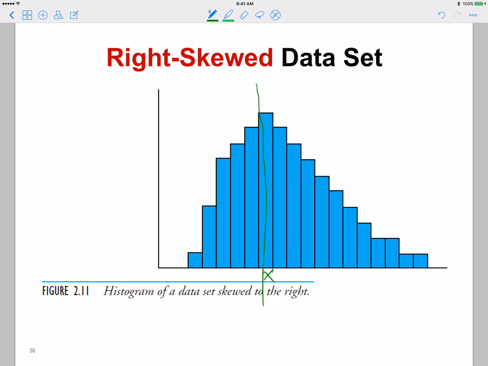The mean value should be to the left, right? And then the median is maybe placed somewhere around there.